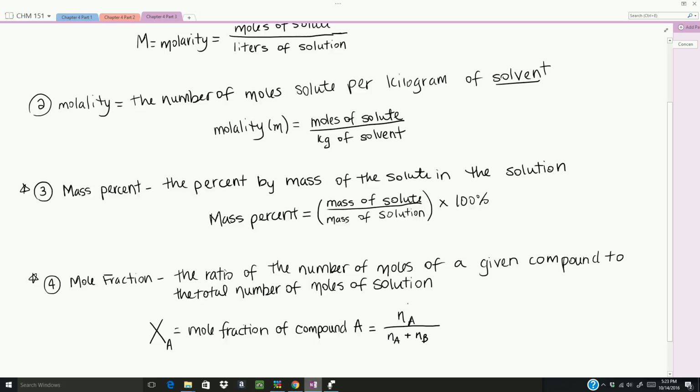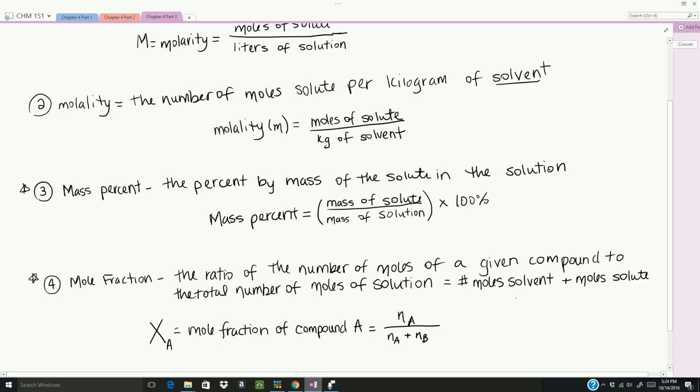So moles of A over moles of A plus moles of B. The number on the bottom is the total moles of solution, which is the number of moles of solvent plus moles of solute. So you would have to calculate the moles of the solvent and the solute in order to find your mole fraction.